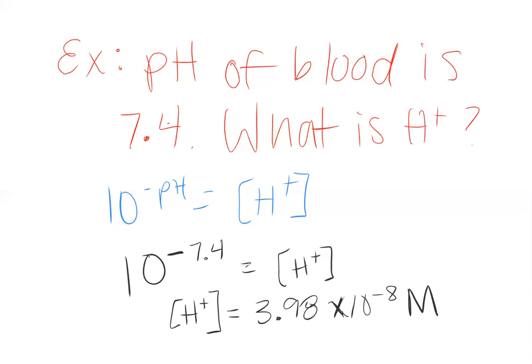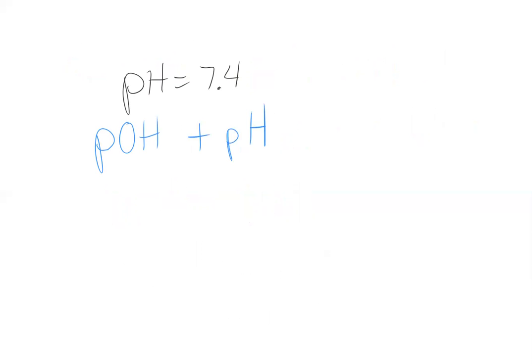Now, what if I ask you to find the hydroxide concentration? A couple of things we could think about using the same problem. So first of all, if we know that the pH is 7.4, we can determine the pOH because we know that pOH plus pH, this is an old formula, is equal to 14.